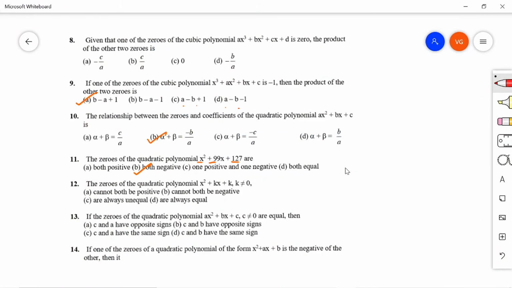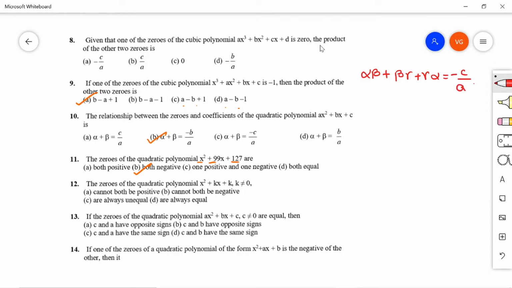Question number 8. Given that one of the zeros of the cubic polynomial ax cube plus bx square plus cx plus d is 0, then the product of the other two zeros is. We know that for a cubic polynomial, alpha beta plus beta gamma plus gamma alpha is equal to minus c by a.